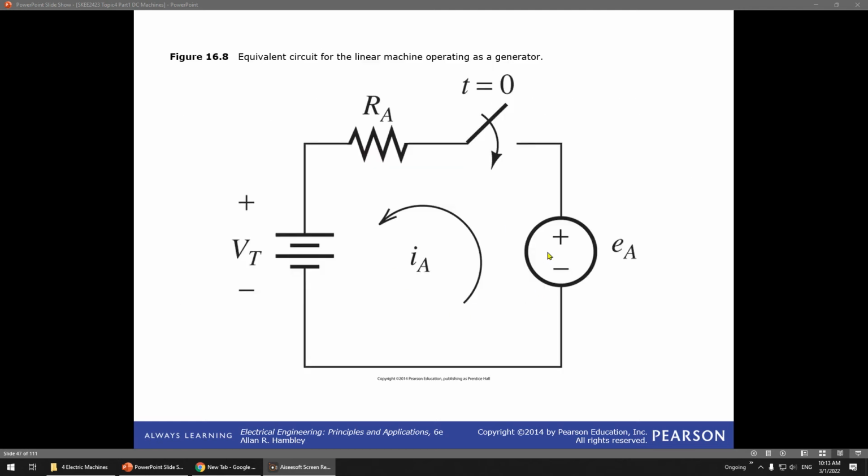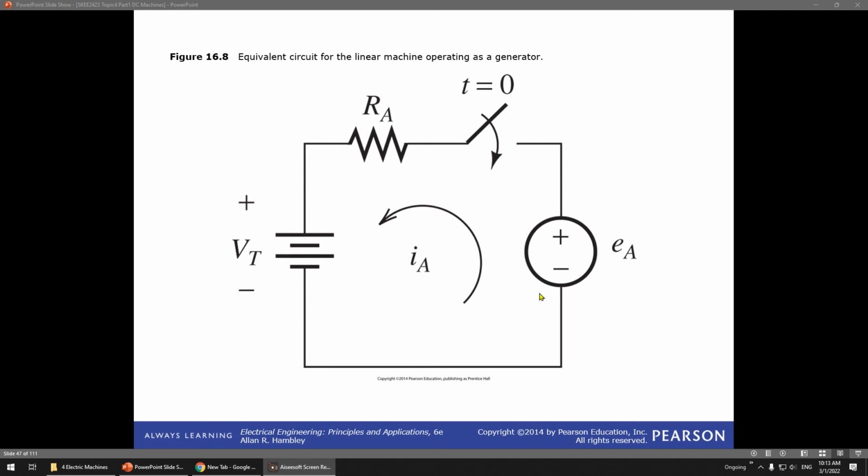If you move, EA equals BLU, where U is the speed. You increase U, you increase EA. Of course, the current will flow here if EA is much larger than VT.